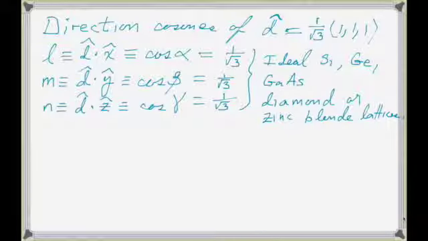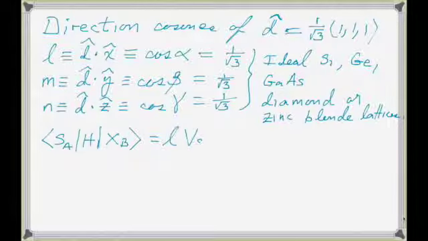So we can immediately write down that the matrix element between s on A and y on B is equal to m V_spσ.